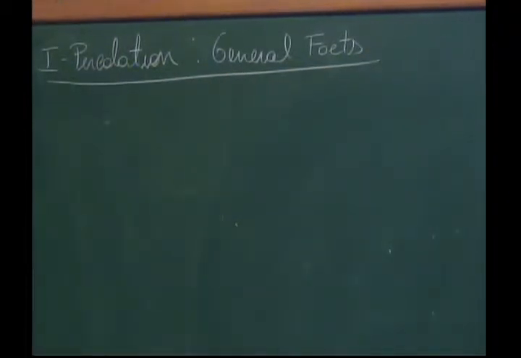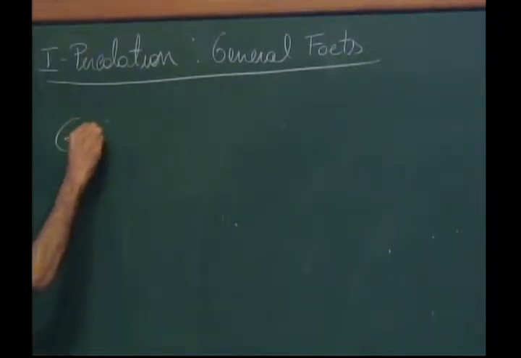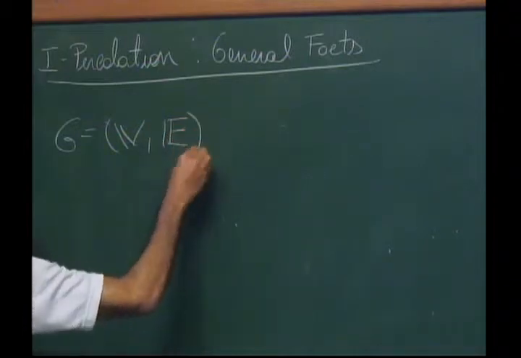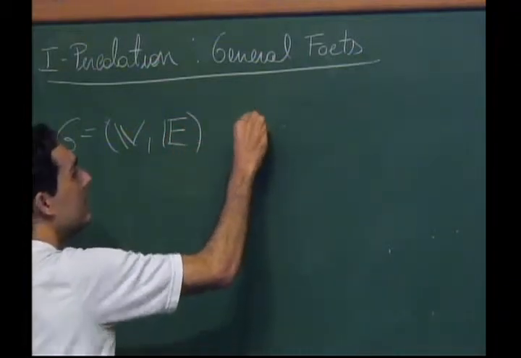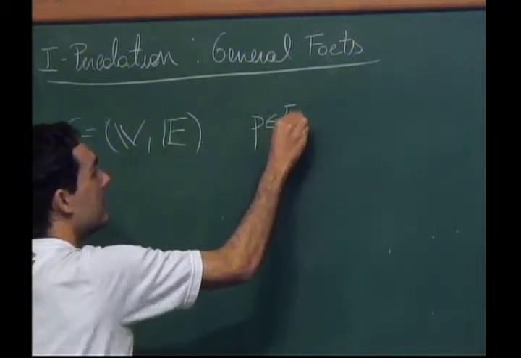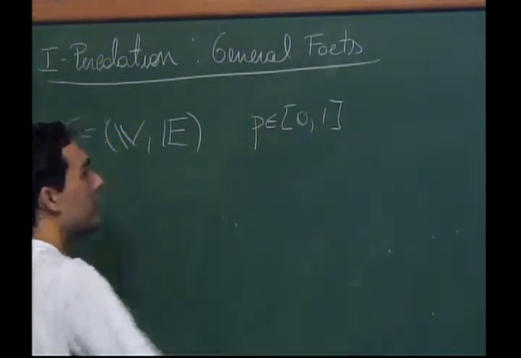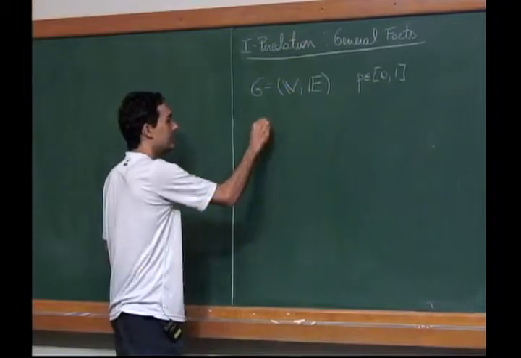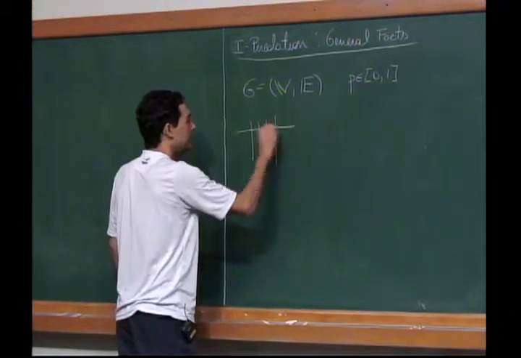In the simple model of percolation, I have a graph, a set of vertices, and a set of bonds, and a parameter, a real number in the interval 0, 1. During all the talk, we can suppose that our graph is Z^d.